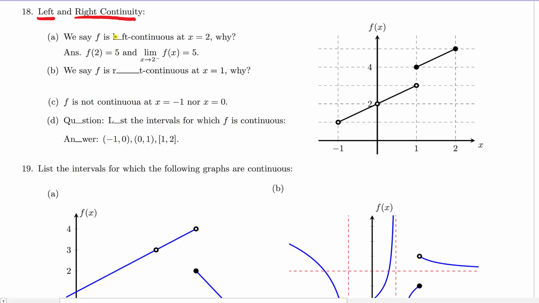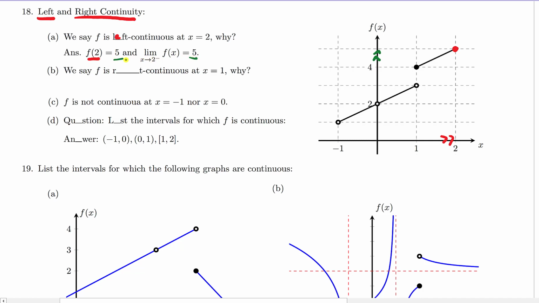So we're going to say that f is left continuous at x equals 2. So I'm saying that the function is left continuous at this point right here. How come? Well, because f of 2 exists, and to be continuous, the functional value has to exist. And the left-hand limit, that is, as x approaches 2 from the left, we see that the y values are approaching 5, and so the left-hand limit is 5.